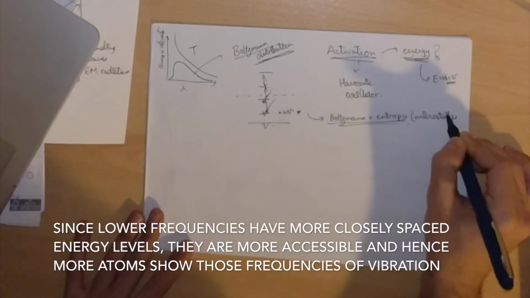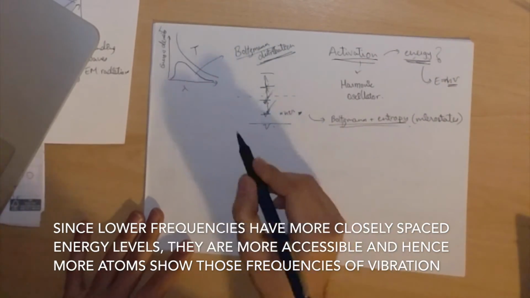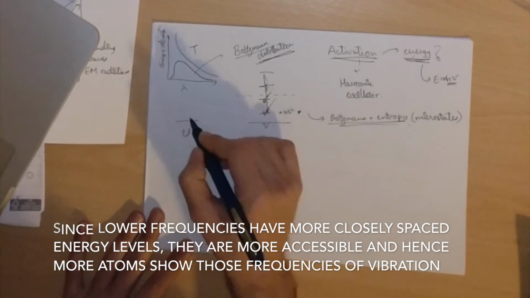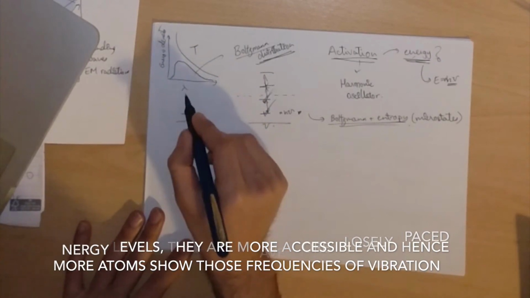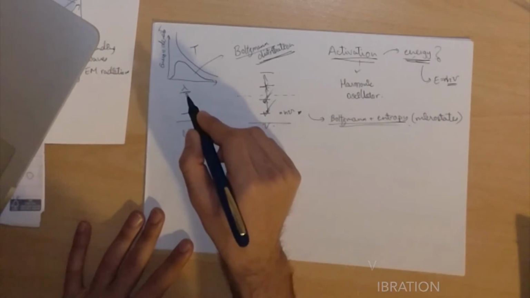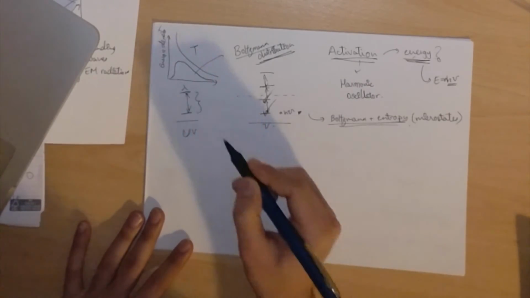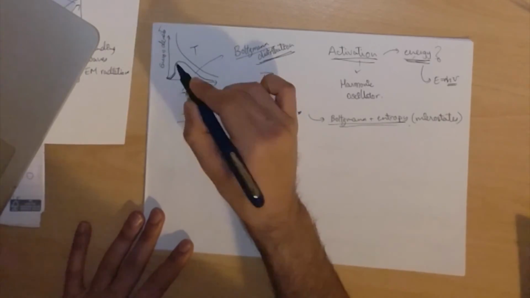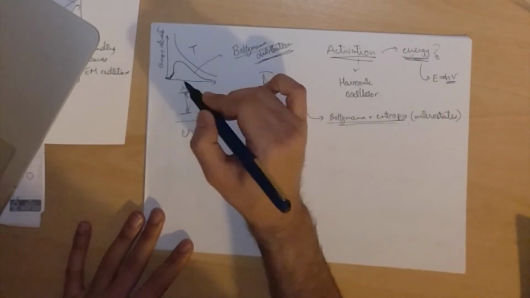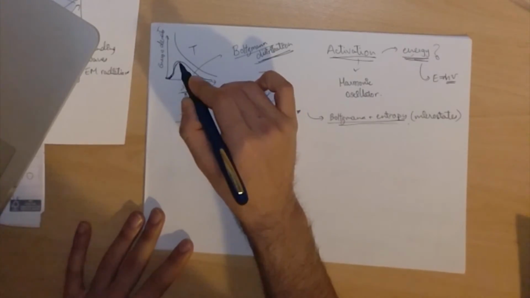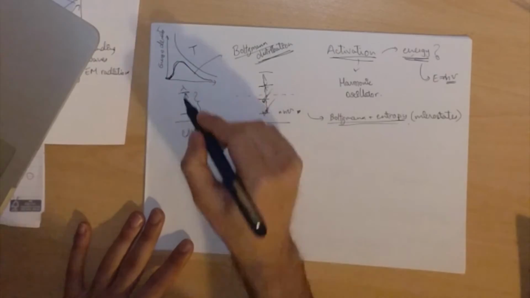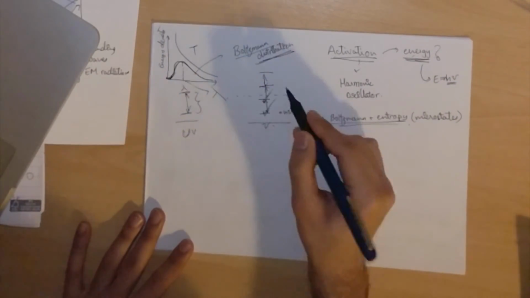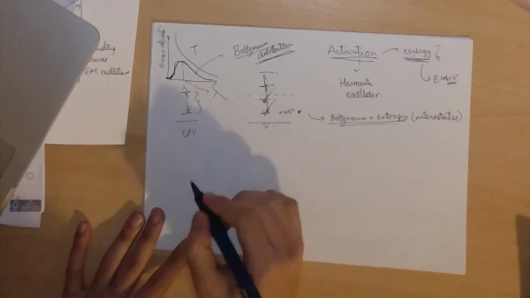So essentially, if for a given frequency that's sufficiently high, let's say UV, which has a high frequency, the gap between the first level and the second level is going to be very, very high. And it's never really going to get activated. So the number of atoms or molecules that actually show this sort of activation is really low. So you're going to get a distribution that looks something like this. And this is where you're going to see the peak sort of filling up of these energy levels.